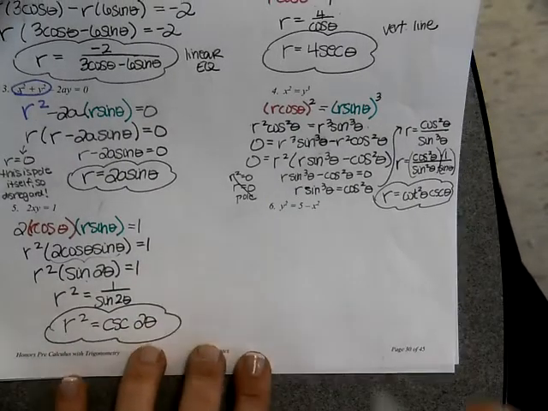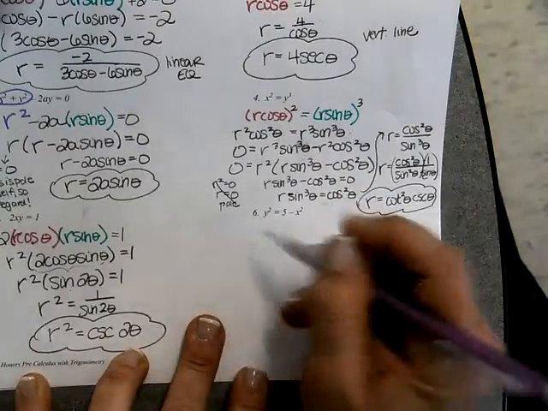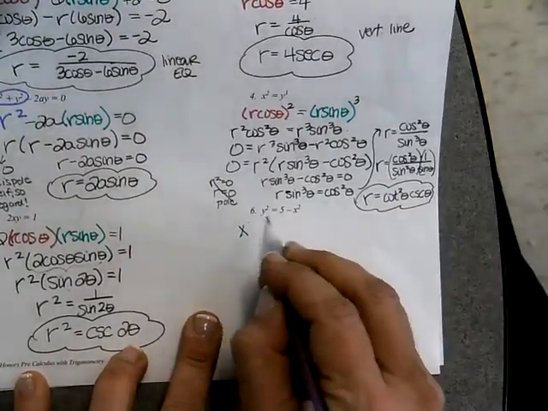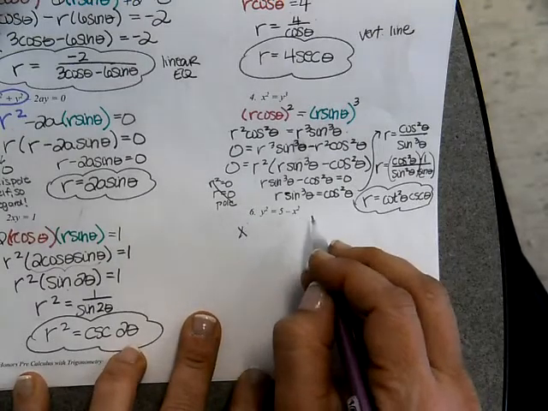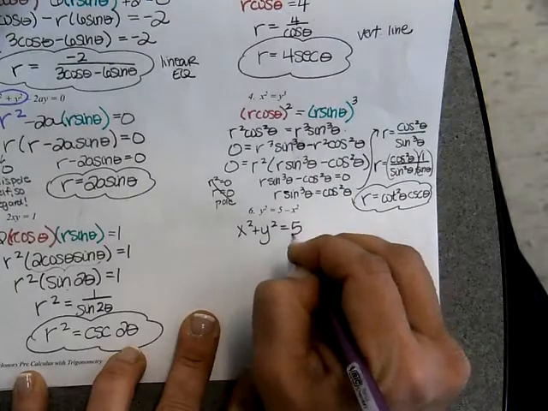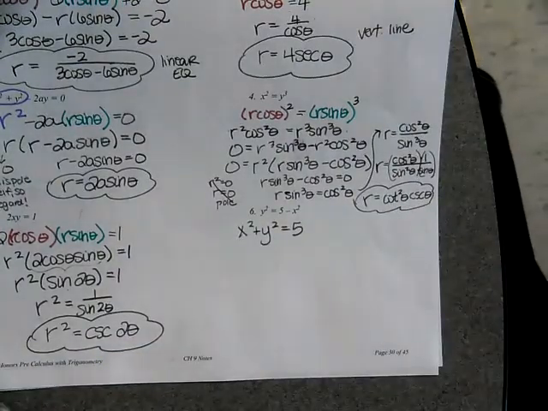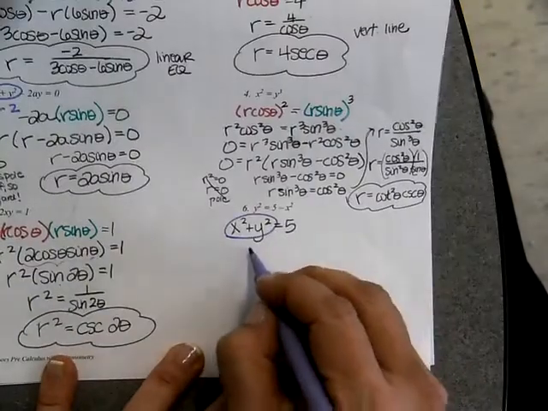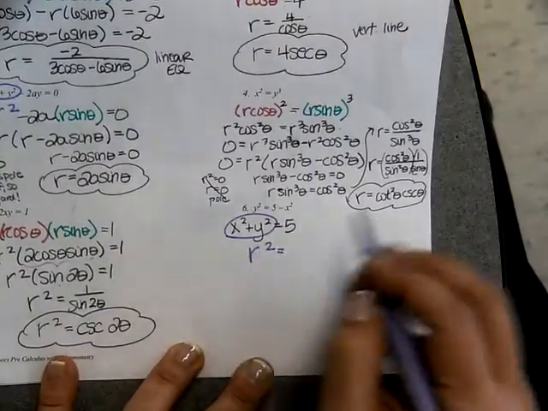All right, next, number 6. We have one more that we're going to go rectangular to polar. Then we'll go the other way. So I notice that I have y squared and x squared. And look, if I add x squared to this side, I have x squared plus y squared equals 5. And remember I can turn x squared plus y squared into r squared.